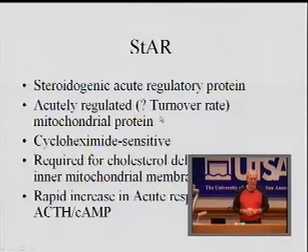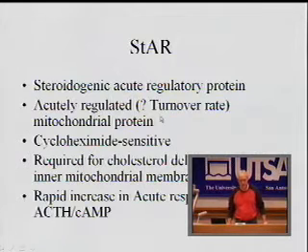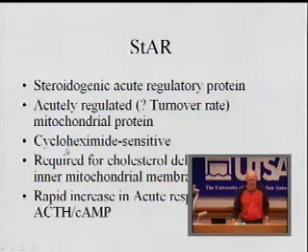There is a mitochondrial binding domain on this protein that is revealed upon post-translational processing, and of course thereby it is site-directed to the mitochondria. And it is here that this STAR protein produces its function.